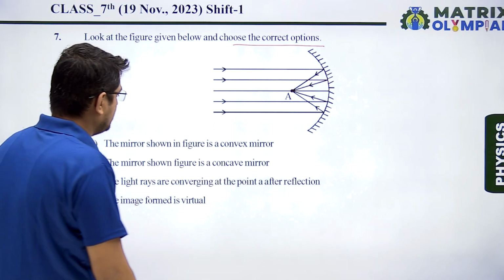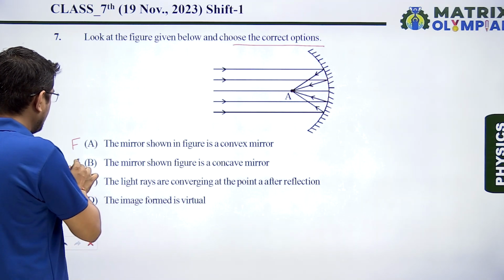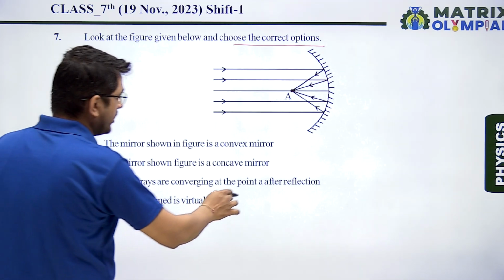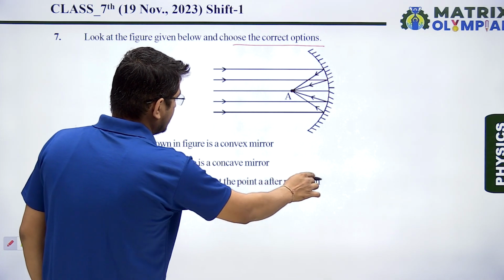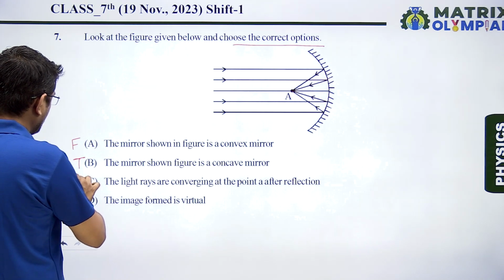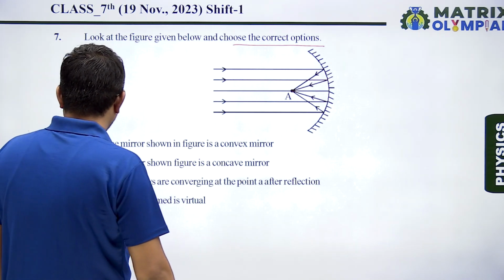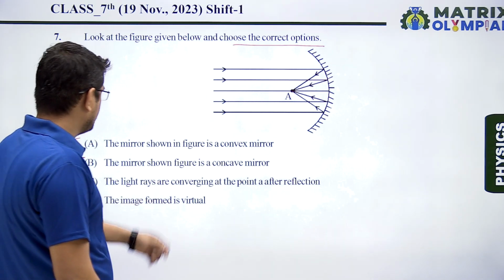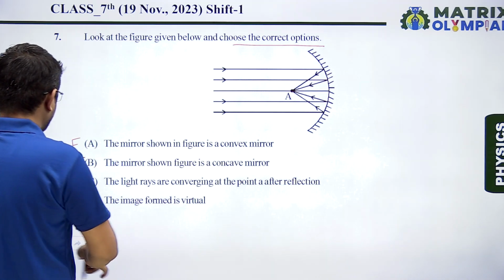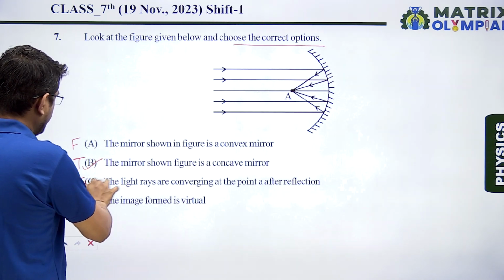The mirror shown in figure is a concave mirror. That is true. The light rays are converging at point A after reflection. That is also true. Okay. And the image formed is virtual. This is false. So our correct answer is B and C.